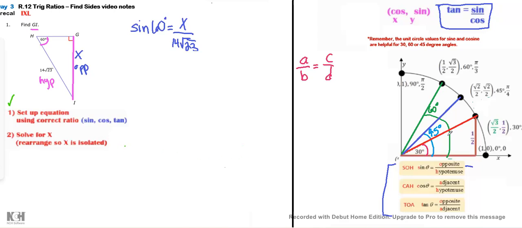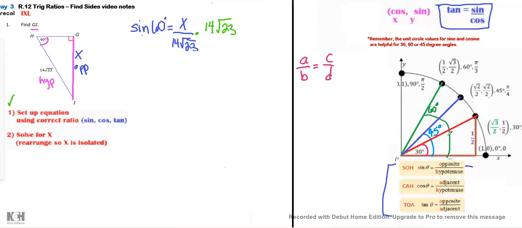A little side note to that: to solve for x, you want it to be isolated by itself, so you need to get rid of anything that is being done to the x. So right here it's being divided by 14 square root of 23. So we need to get rid of this. Since it's being divided, you would then multiply this side by 14 square root of 23.